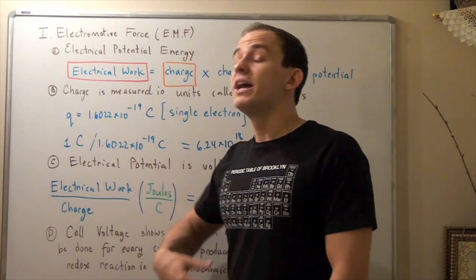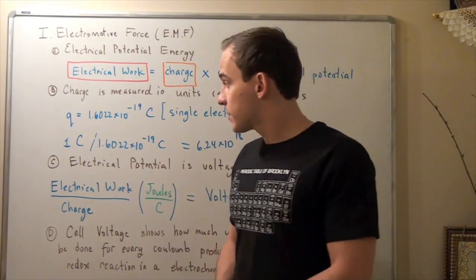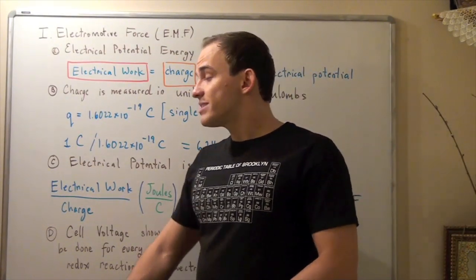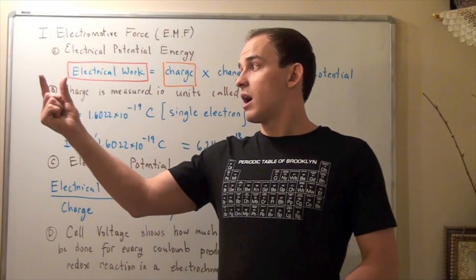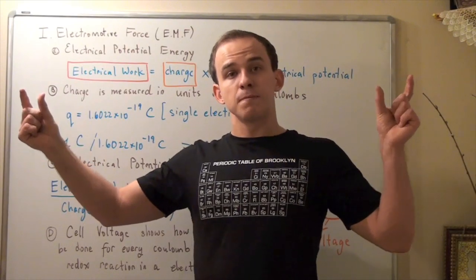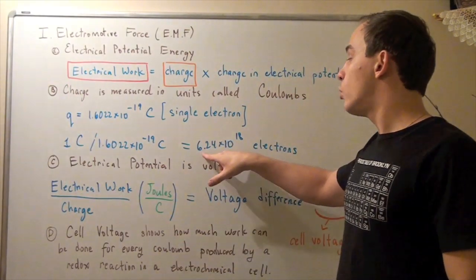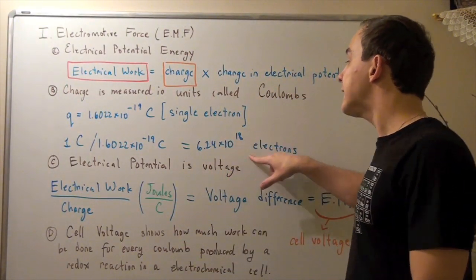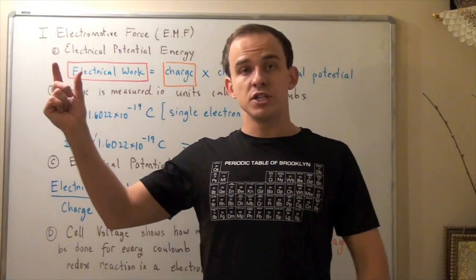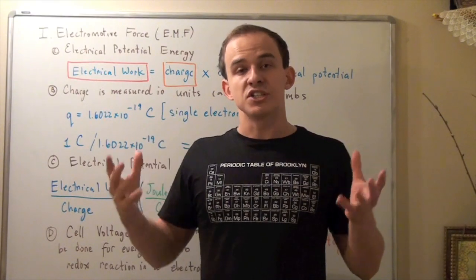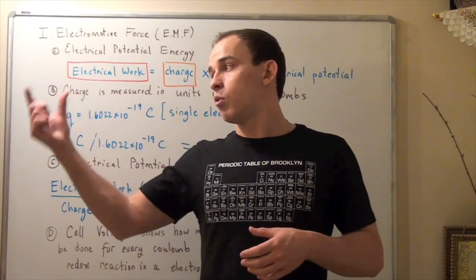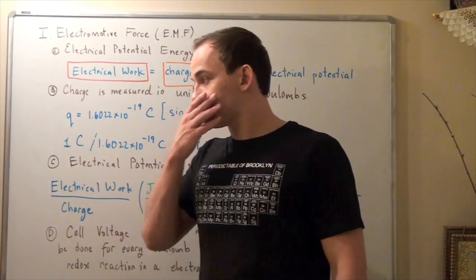That means a coulomb is a pretty big amount of charge. So whenever someone says 1 coulomb of charge moves from this position to this position, that means 6.24 times 10 to the 18 electrons move from this position to this position. That's what a coulomb is. That's what charge is. It's the movement of electrons from some point A to some point B.